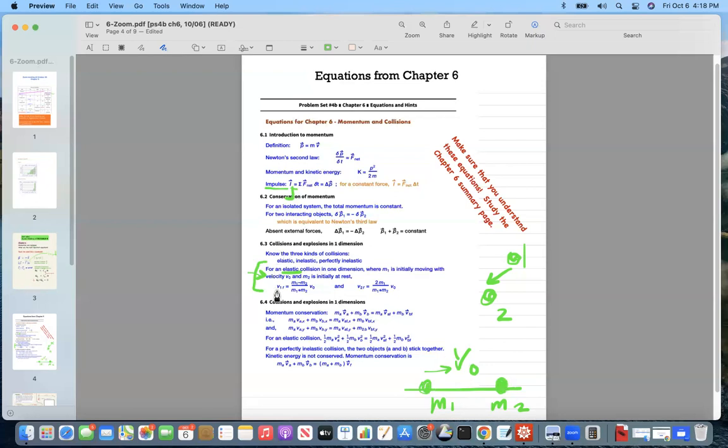What's v2 after the collision? Well, that's given by these equations. It's a little bit hard to calculate the speeds directly from the conservation laws. It's a lot easier to use these formulas, which were obtained from the conservation laws. So these are the kind of equations which you might write down in your notebook, because you're going to need to use them.